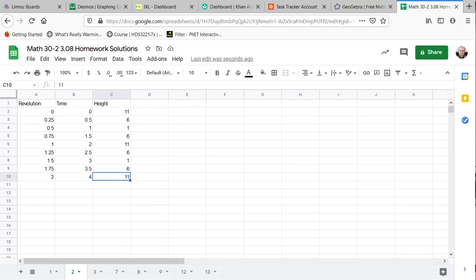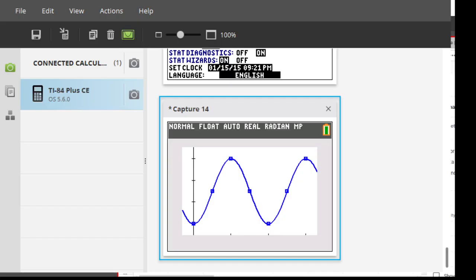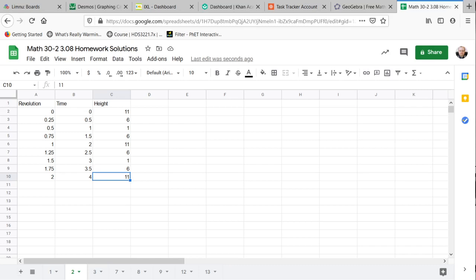So this is how we complete our data. Let's go back to our TI calculator and start entering that data in. I'm going to leave the spreadsheet visible while we are entering that data in case you are doing the same at home, so you have your source. We're going to take time as our list 1, and not the number of revolutions.